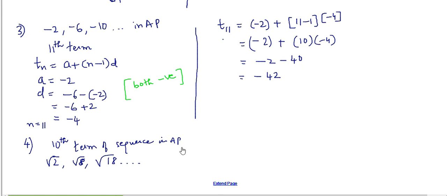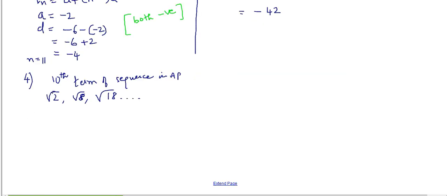Let me explain very clearly how to convert these numbers into a form where we can utilize them for getting the a value, d value, etc. Okay, so just observe, I am using a different color pen. Root 2 is root 2. Root 8 can be written as root of 2 into 2 into 2.